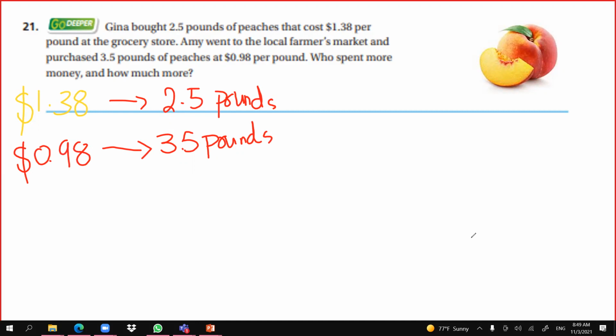Who spent more money? Is it Gina or Amy? And how much more? You have to calculate in order to know.